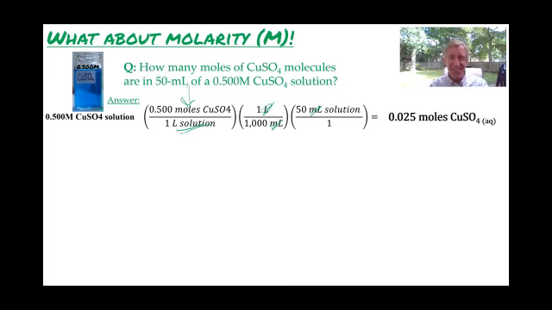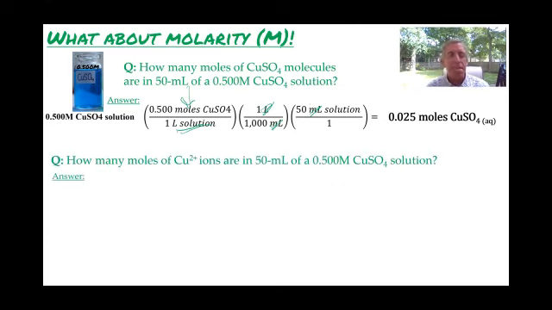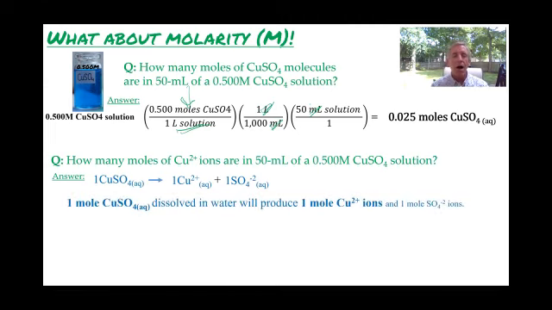Thanks. All right. How many moles of copper ions are in 50 milliliters of 0.50 molar copper sulfate? This one again requires you to look at how copper sulfate falls apart and recognize that every mole of copper sulfate will produce 1 mole of copper 2+ ions. So this is where, again, knowing common ions is very, very helpful.